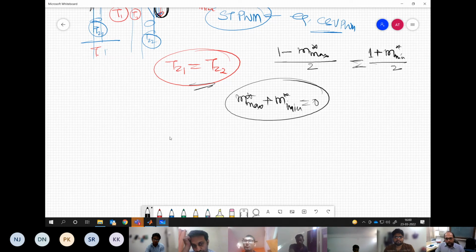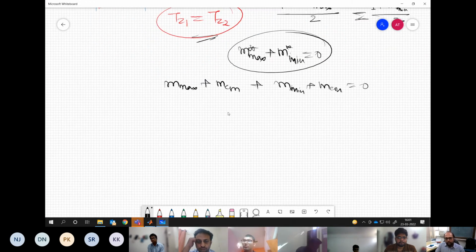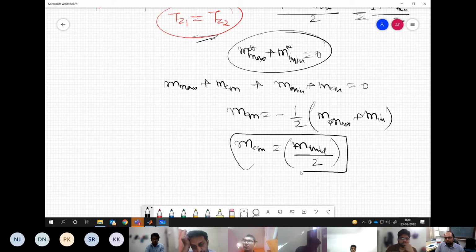So M max star is nothing but the original M max plus the common mode which is added. And M min star is nothing but M min plus the common mode which is added, and both going to 0. So from here we get the common mode: it is nothing but negative of half of M max plus M min, or in other words M mid by 2, because M max plus M min plus M mid is also going to be 0.